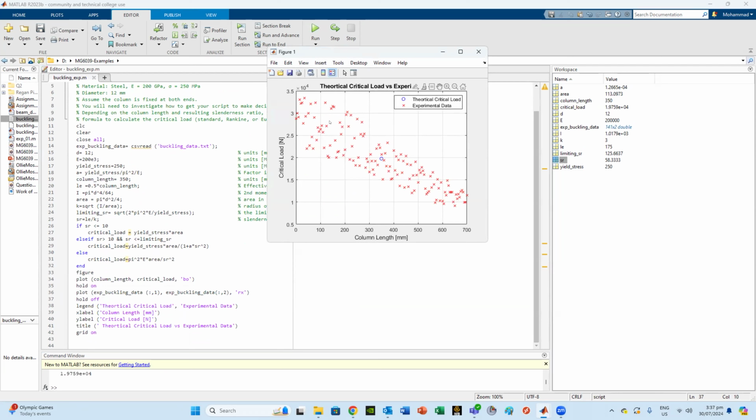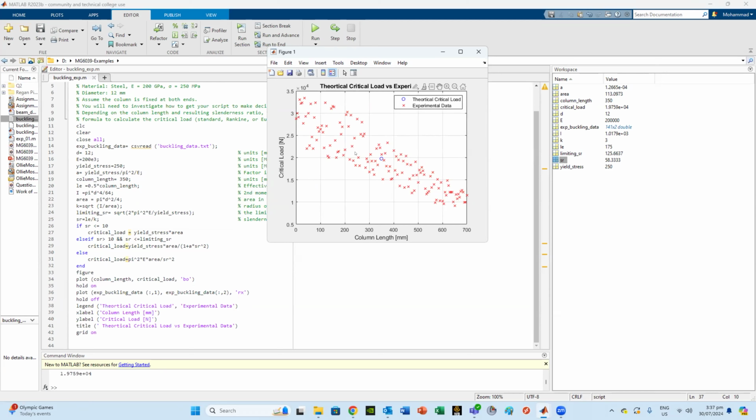So basically what we're trying to achieve here is to compare our theoretical, which is calculated based on this point. You can see when I put the mouse here, it is 350, and the Y value is about 19,758.9 newtons, the critical load for it, compared to the experimental data we're going through.